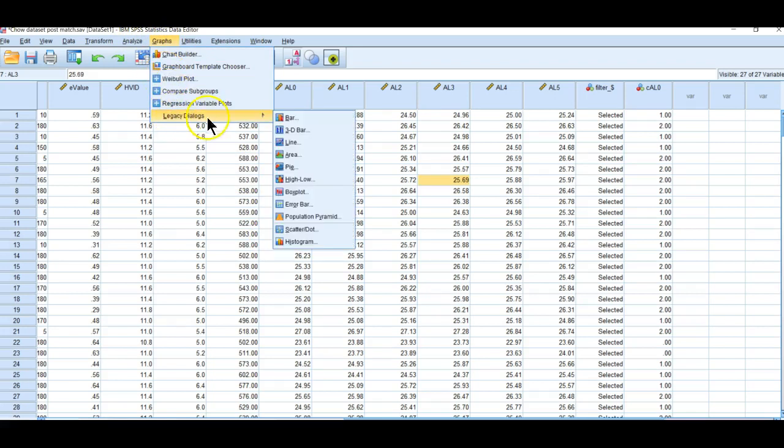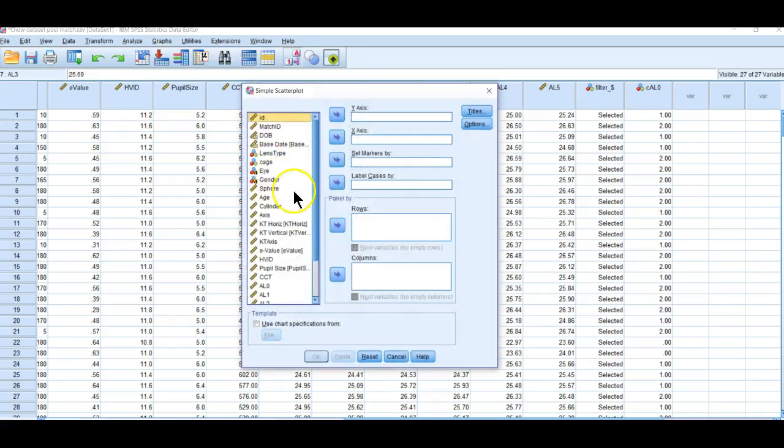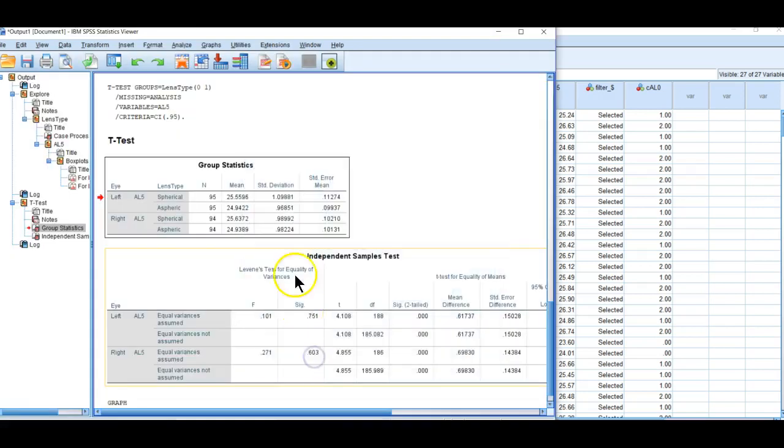So let's do a scatter plot. And let's look at axial length at 5 years as a function of axial length at baseline, and set our markers by lens type.